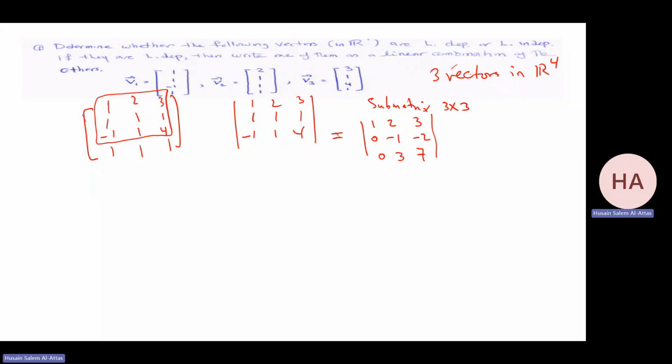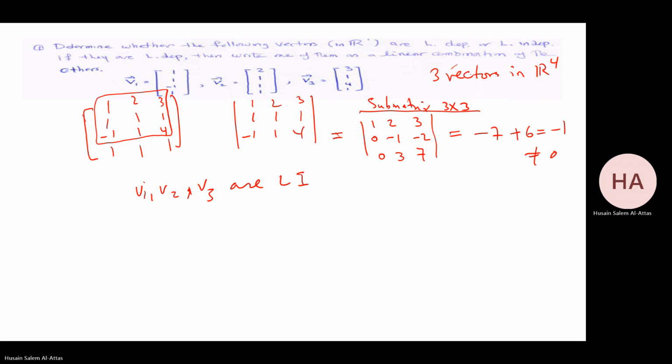So I have -7 plus 6, which is -1, not equal to 0. Since the determinant of this submatrix is not equal to 0, it means V1, V2, V3 are linearly independent.